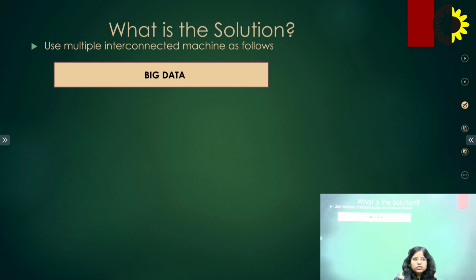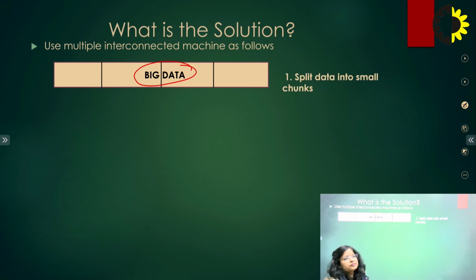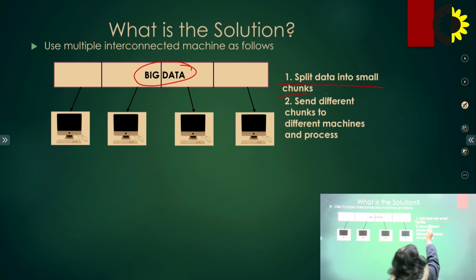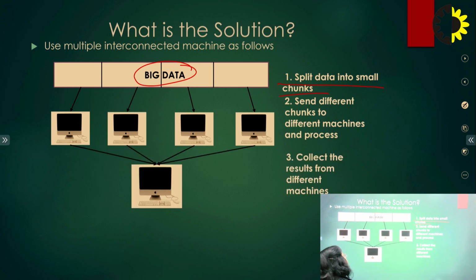So the solution is, there is big data, which stores all these web pages, and we can split this big data into small chunks. We separate this data into small chunks and store these chunks in individual systems.